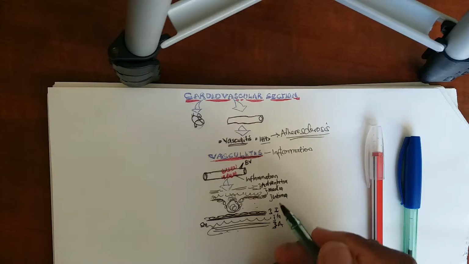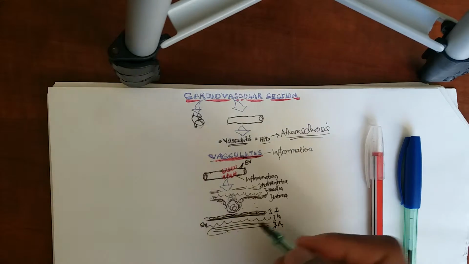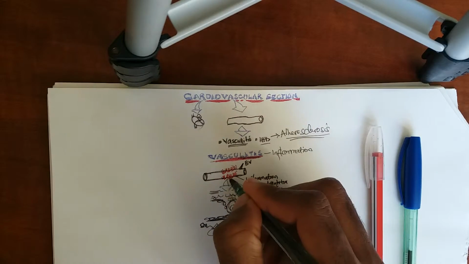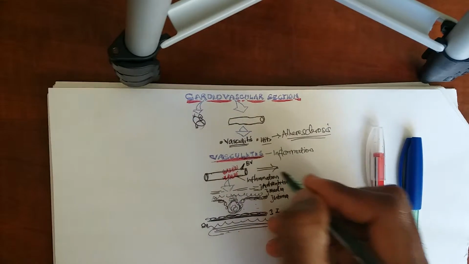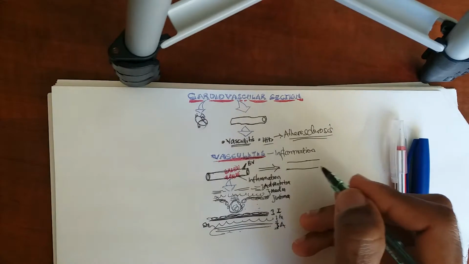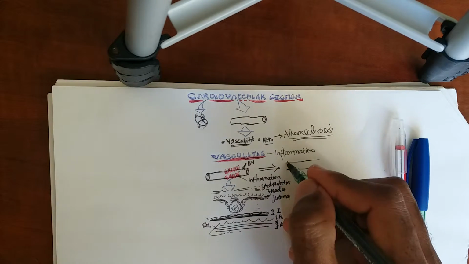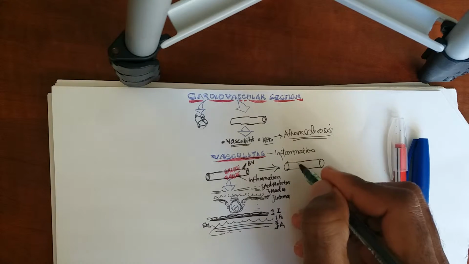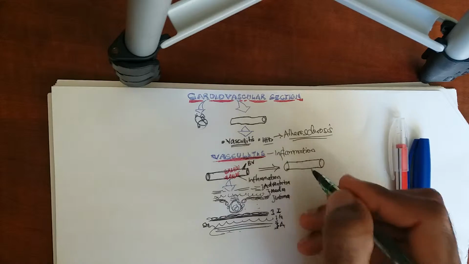The other way that you can get organ ischemia from vasculitis is after having a series of inflammation in this blood vessel, the next thing that will occur after vasculitis will be healing, because the endothelial cells will try to heal themselves, and in this case, after continuous series of inflammation, they will heal themselves using fibrosis.